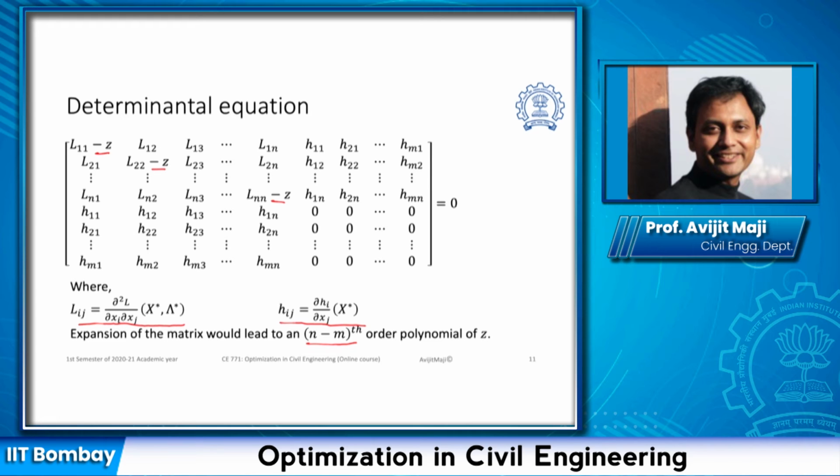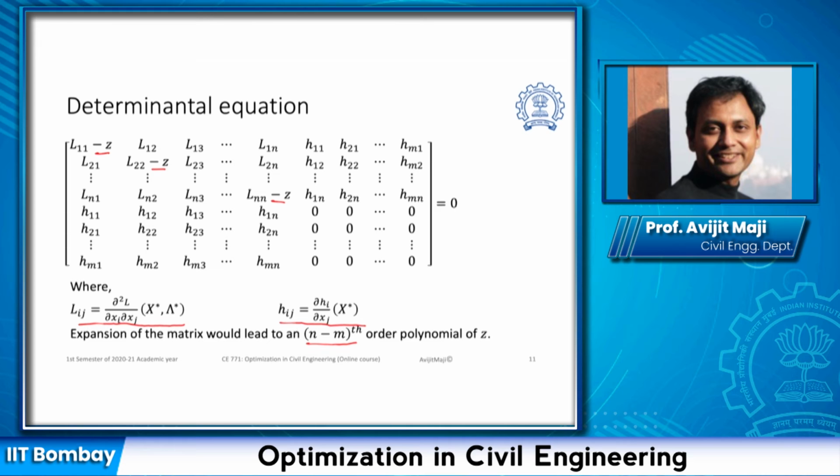In this solution, if we find that all the roots of z are positive, then the optimum point x star is going to yield the minimum function value. If all the roots of z are negative, then the optimum point x star is going to yield the maximum function value.